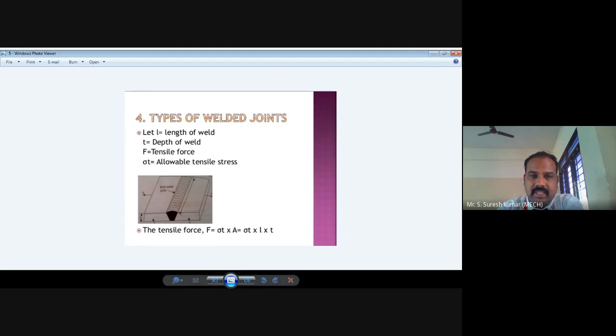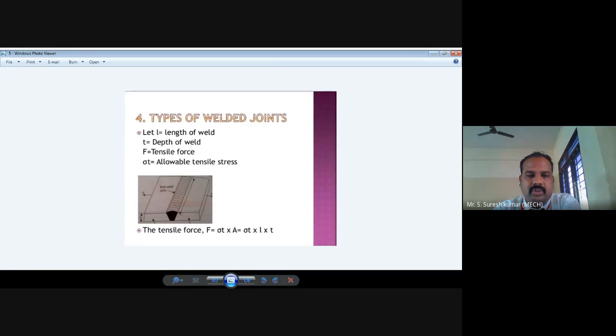The welded joints are classified according to the relative position of the two components to be joined. There are five basic types of welded joints. The first one is the butt joint. The butt joint is used to join the ends or edges of two plates. The surfaces of plates are located in the same plane. The edges of the plates are beveled depending upon their thickness. The table indicates the thickness of the plate for which different types of butt joints are used.